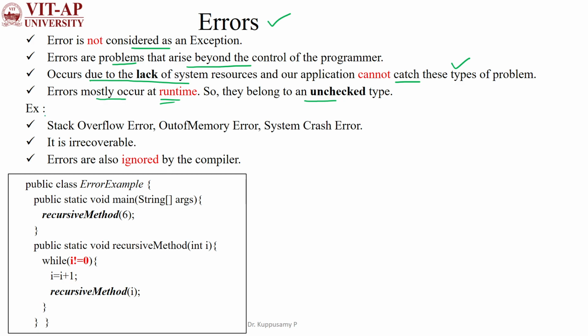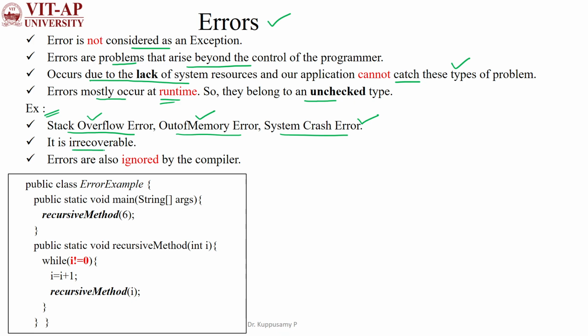For example, runtime errors include stack overflow error, out of memory error, and system crash error. A system crash cannot be controlled by the software developer, nor can out of memory, whether cache memory or RAM, and stack overflow error also cannot be controlled by the programmer during coding time.